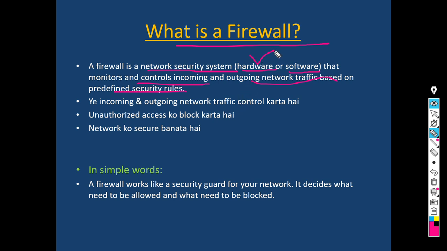One is the hardware firewall, and the other is in the form of software, where we deploy the VM on any hypervisor. It could be the ESXi hypervisor, or Hyper-V, any hypervisor. We just deploy a software firewall on it.